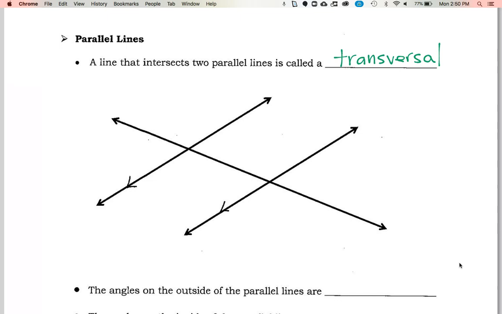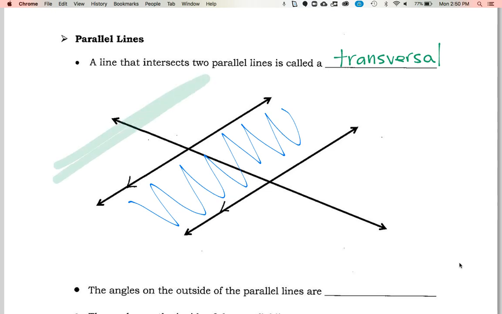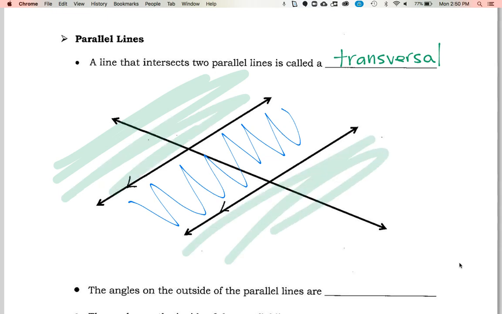We can think of this several different ways: a bridge going over a river, a bridge going over an interstate. So if this is the water, and this is the land, and this is the bridge.